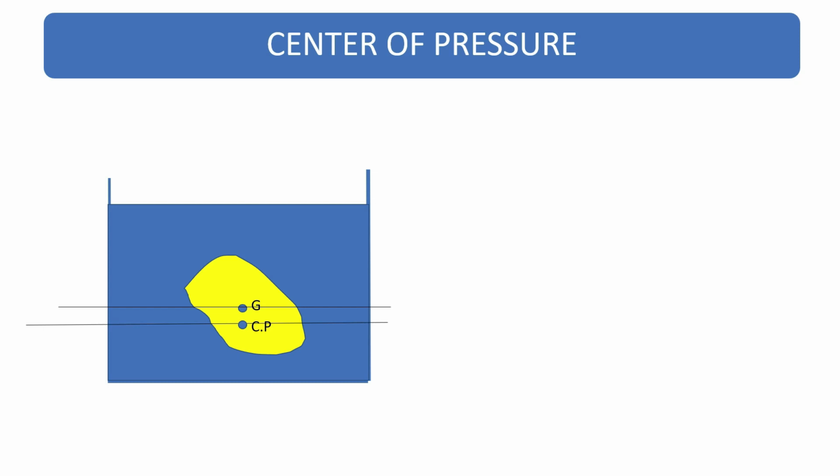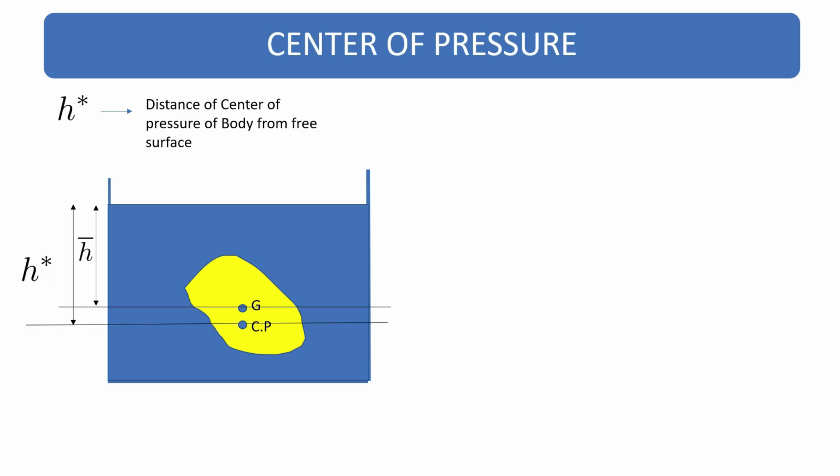So how will you calculate the center of pressure of this plane surface? You can see this h bar is the distance of the centroid of the body from the free surface, and h star is the distance of the center of pressure from the free surface of the liquid.